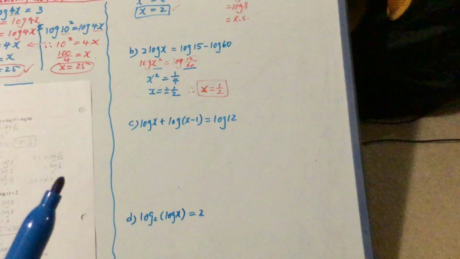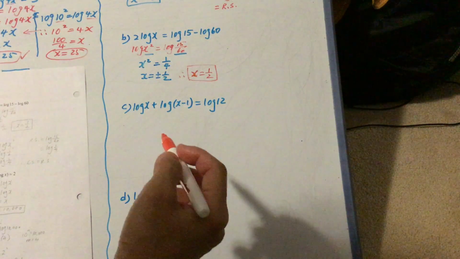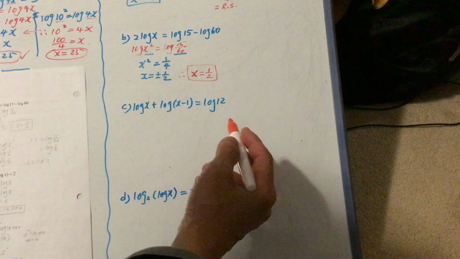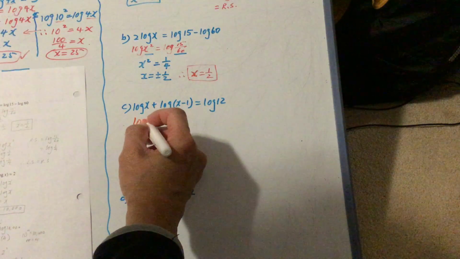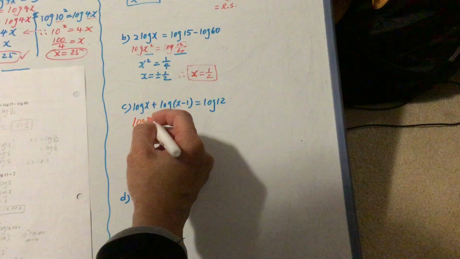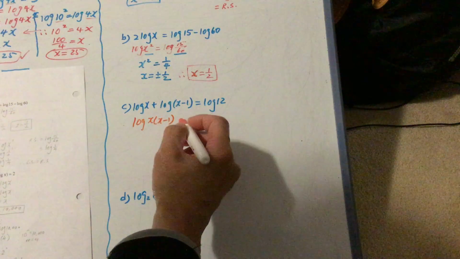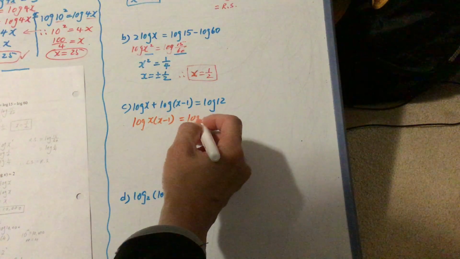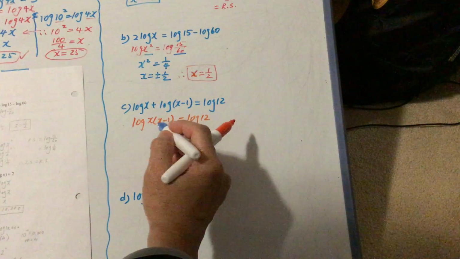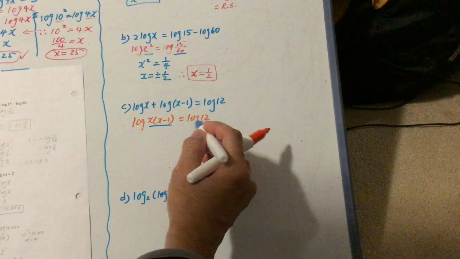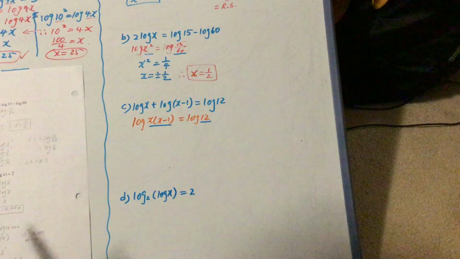The next one, part C, when you have log x plus log (x minus 1) equal to log 12. Because this is a plus, you can combine them as log x times (x minus 1), equal to log 12. They're both in the base of 10, so I can certainly combine this.